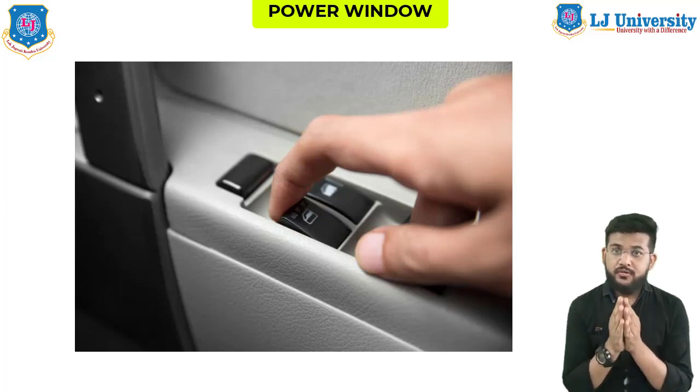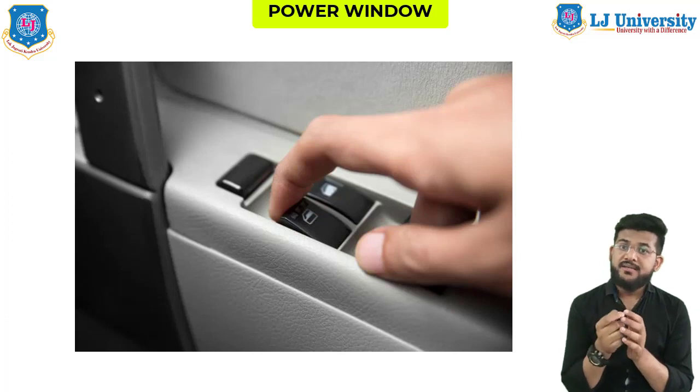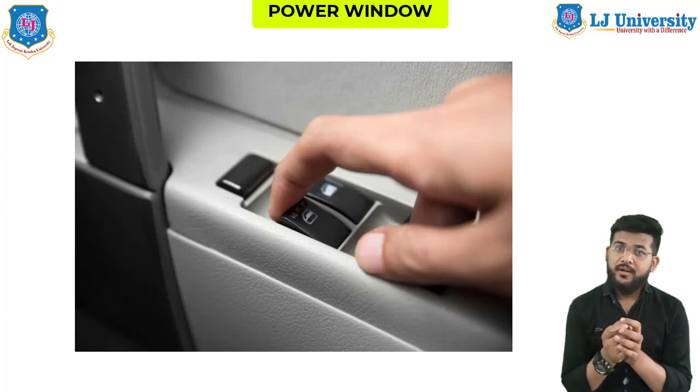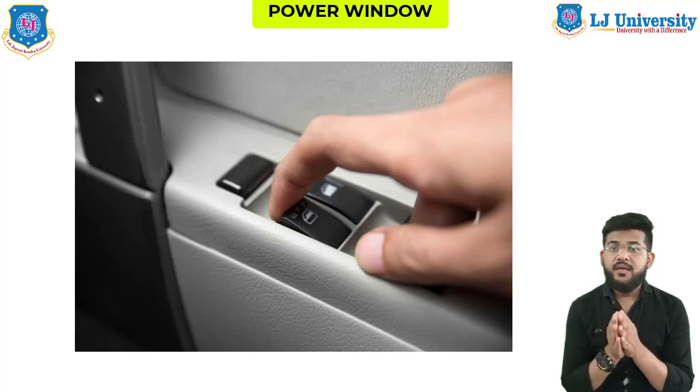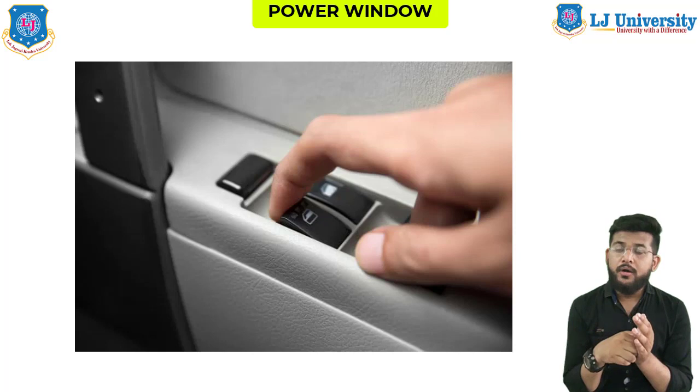This feature uses a circuit that monitors the amount of time you hold the switch down. If the switch is down for less than about half a second, the window will go all the way down until it hits the limit of the switch. If you hold the switch down for longer than that, the window will stop when you release the button. Simple. Once pressed, it will go all the way down. If it is kept on hold, it will go only to a certain level.